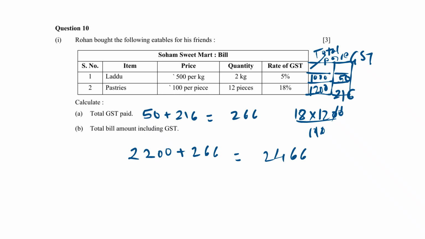Total bill amount including GST: add both these, 1000 plus 1200 is 2200, plus this entire GST 266. So total amount will be 2466. So this is total selling price plus total GST.